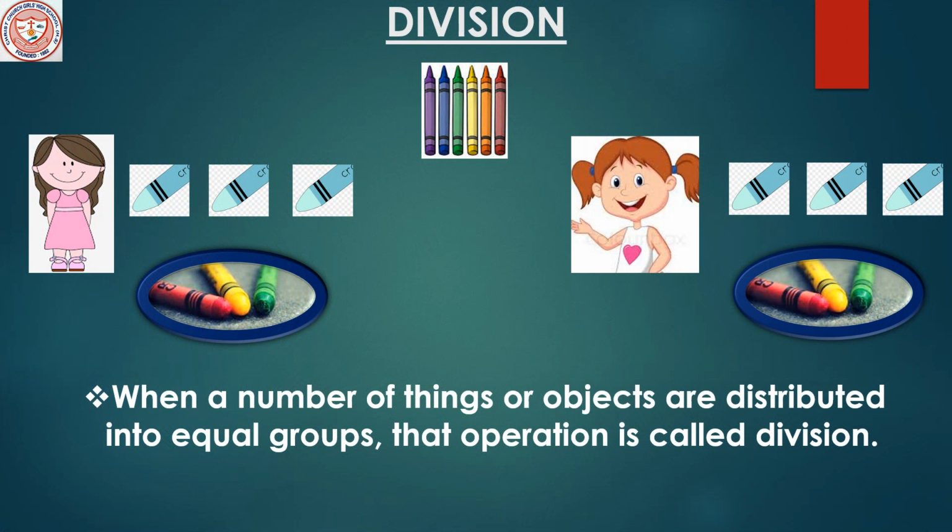See? First time, first friend will get 1, and second friend will get 1. Second time, first friend will get another 1 and second friend will get another 1. And third time, first friend will get another 1 and second friend will get another 1.